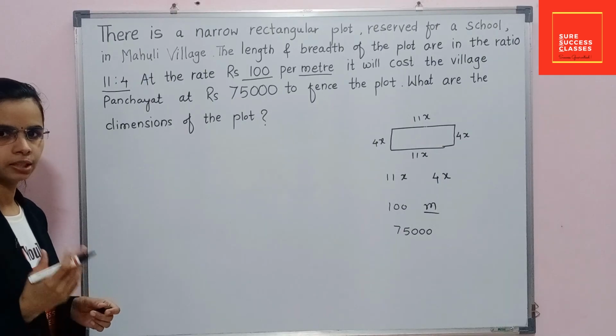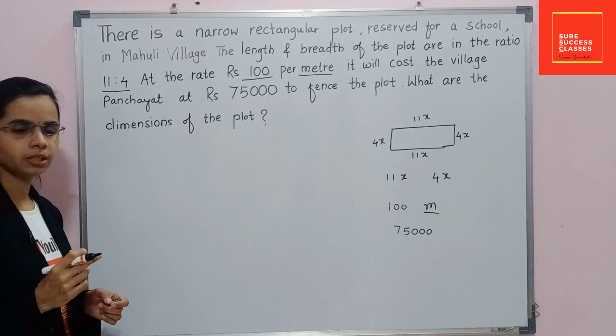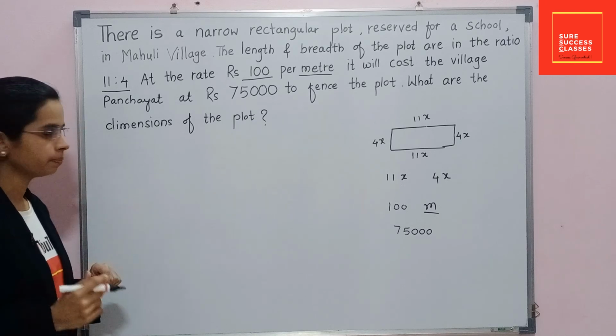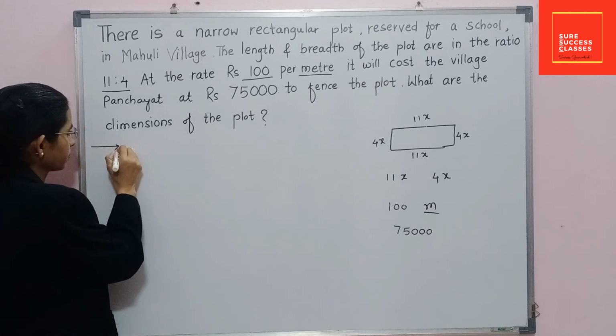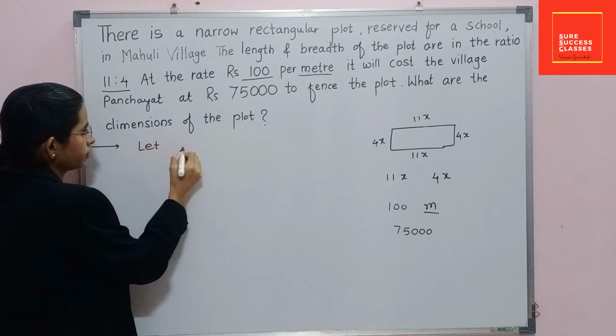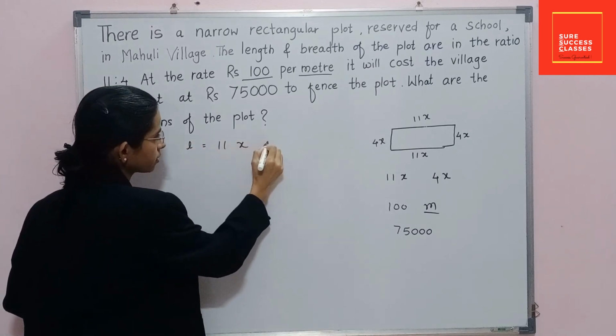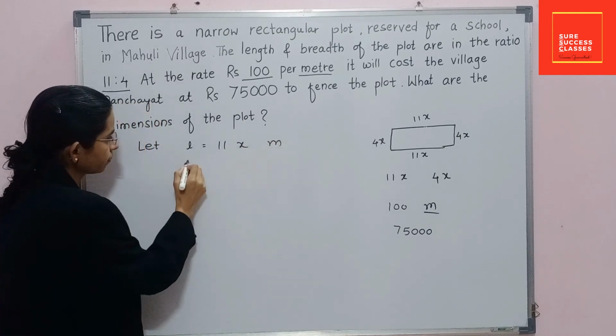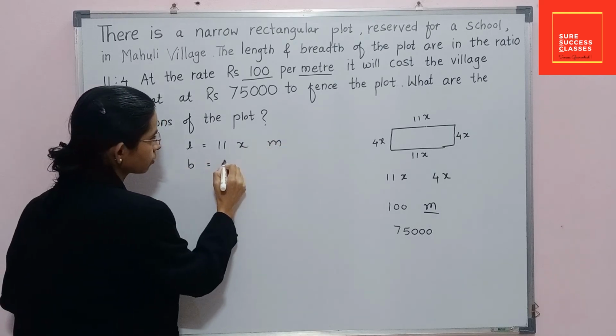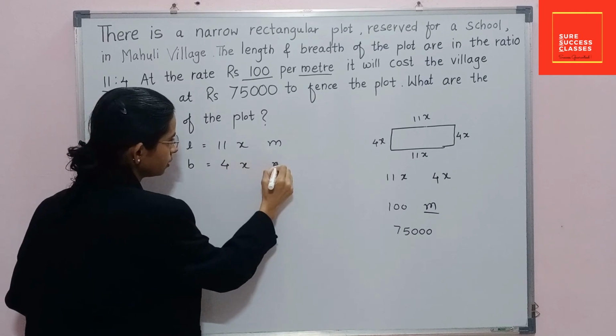First we will write given data. For that we will consider length and breadth. Length is equal to 11x meter and breadth will be 4x meter.